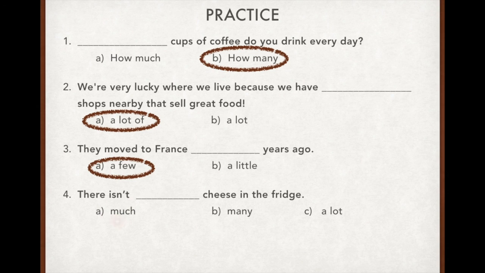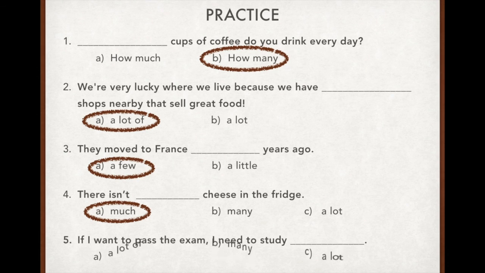Well, we cannot count it, so much. There isn't much cheese, okay? And finally, if I want to pass the exam, I need to study a lot of, many, or a lot. We cannot use a lot of because we don't have anything here, okay? So we need a lot. I need to study a lot.